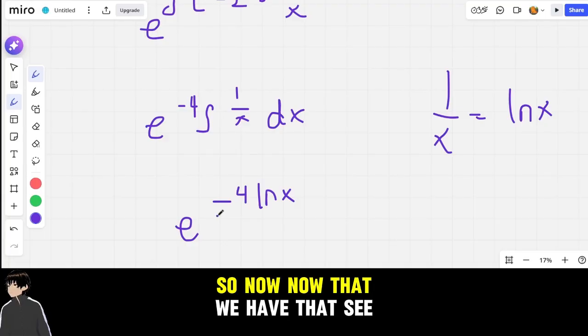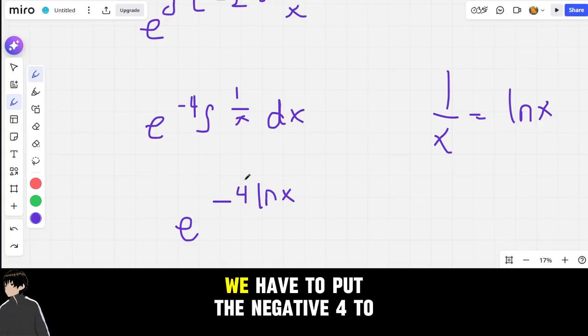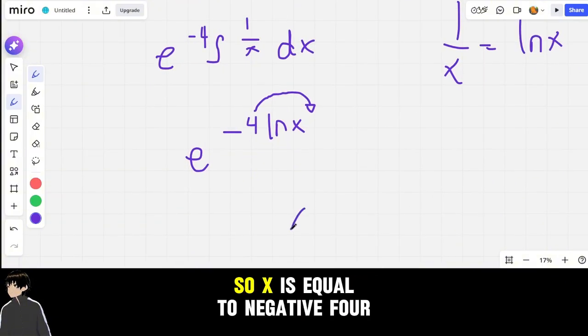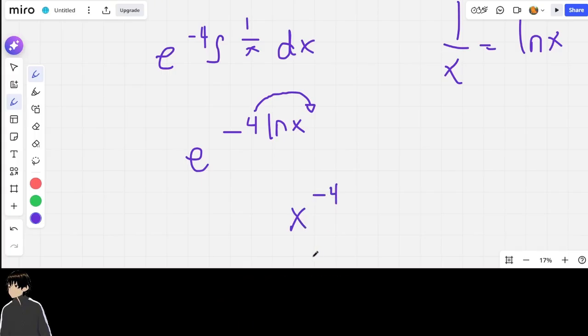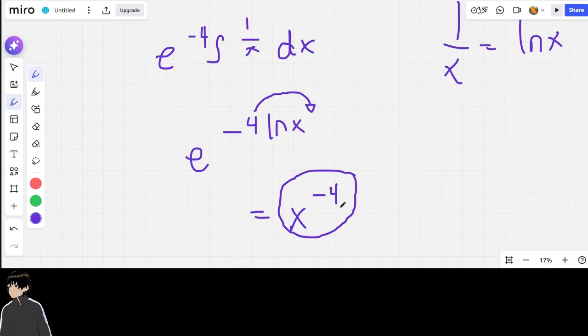So now that we have that, we have to put the negative 4 to the exponent of x. So x is equal to negative 4. And this is going to be our integrating factor.